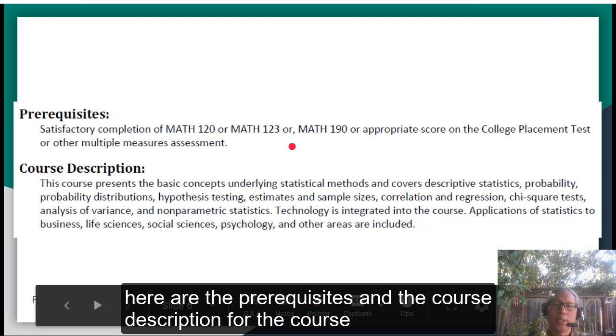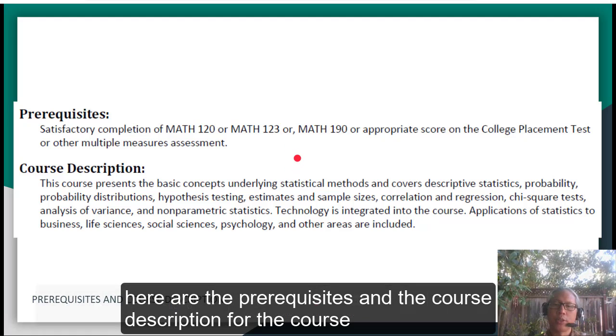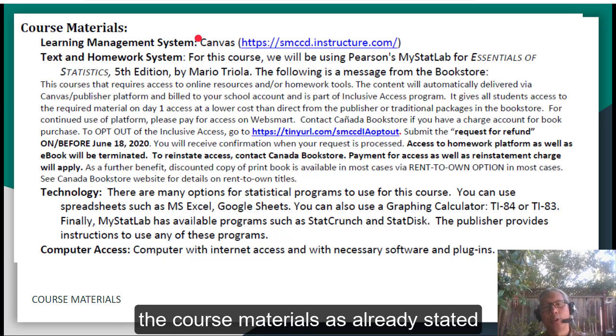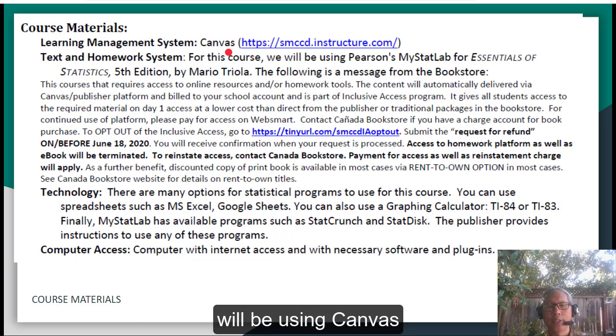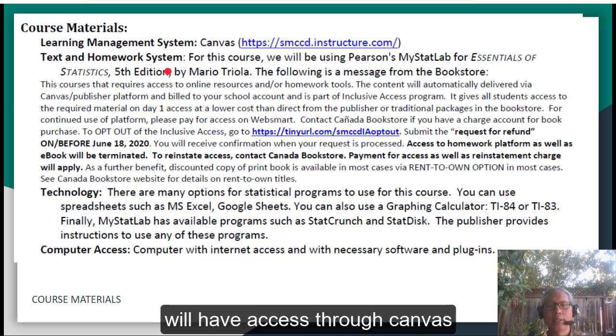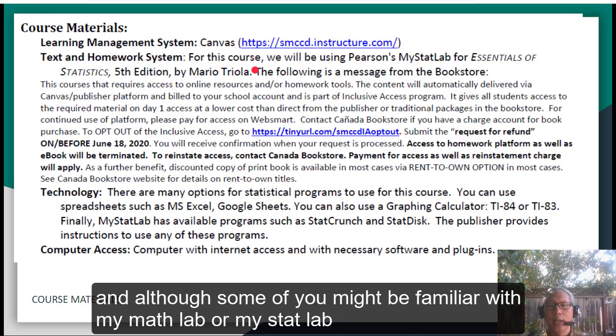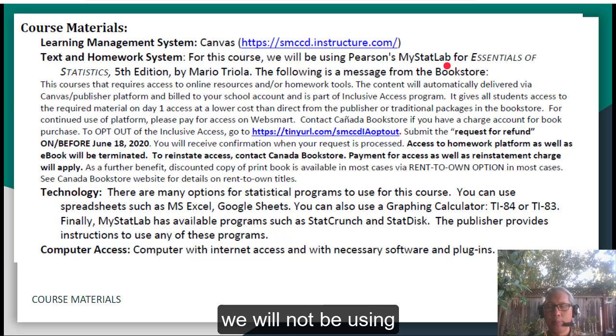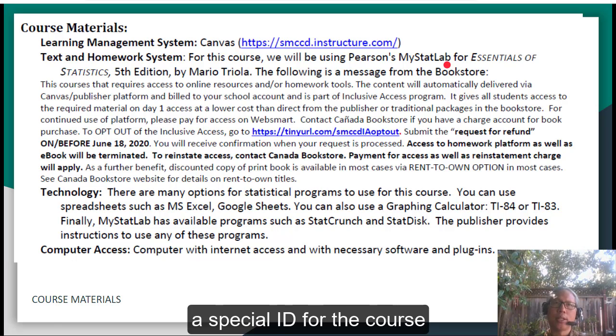Here are the prerequisites and the course description for the course. The course materials, as already stated, will be in Canvas. Our textbook will have access through Canvas, and although some of you might be familiar with MyMathLab or MyStatLab, we will not be using a special ID for the course.